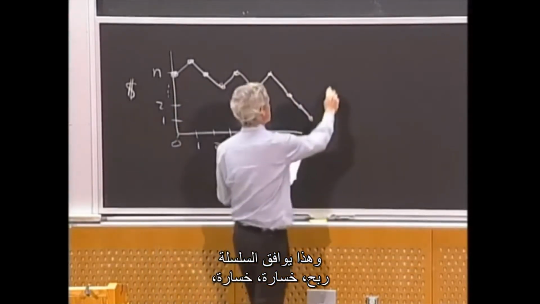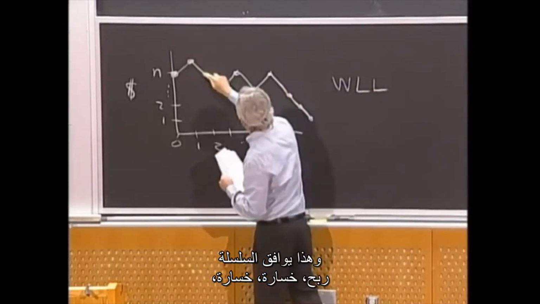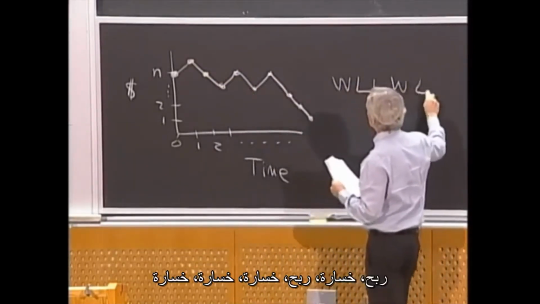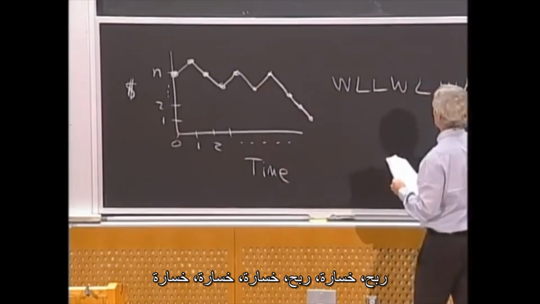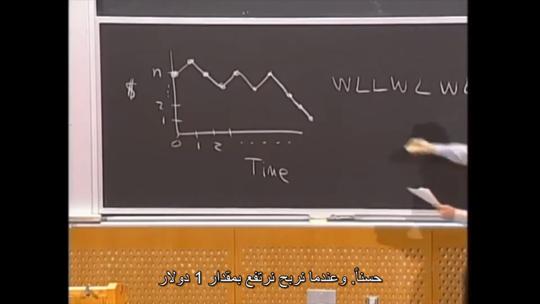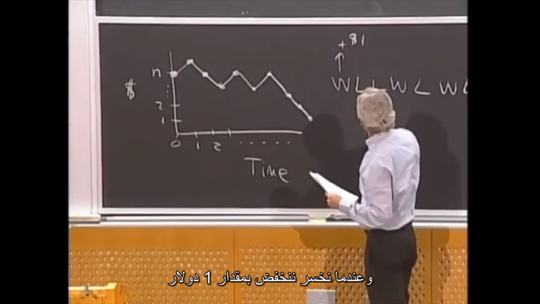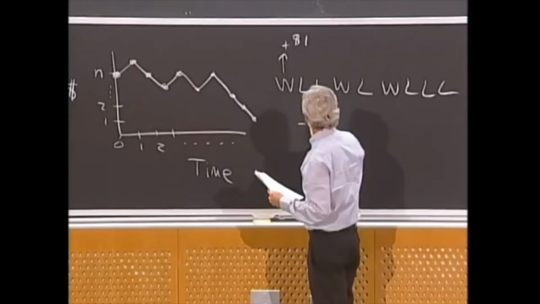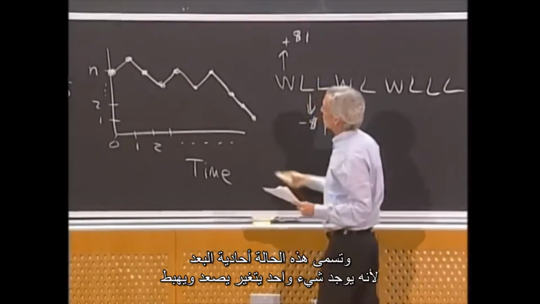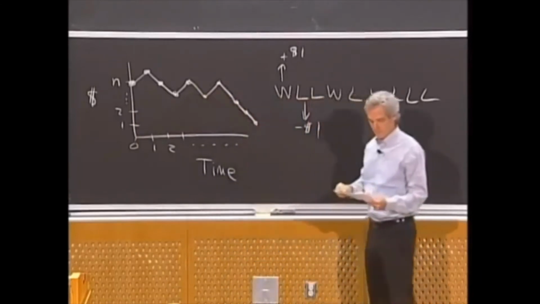So this corresponds to a string: win, lose, lose, lose, lose, win, lose, win, lose, lose, lose. When we win, we go up $1, and when we lose, we go down $1. It's called one-dimensional because there's just one thing that's changing. You're going up and down there.